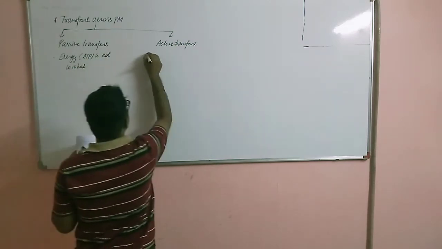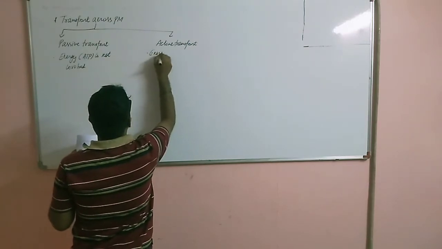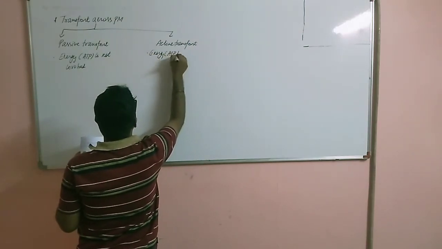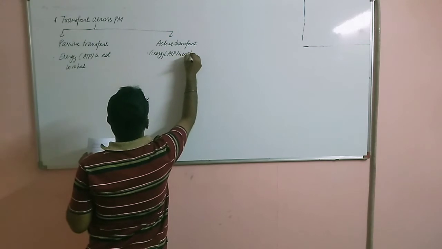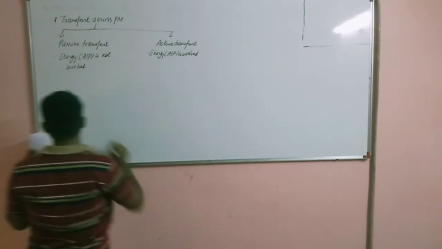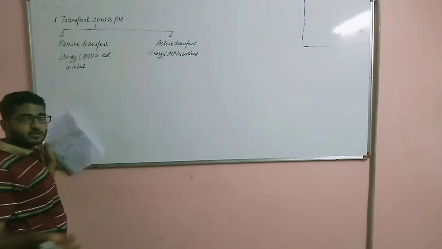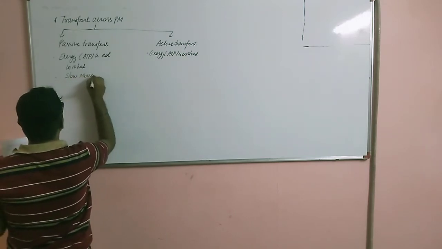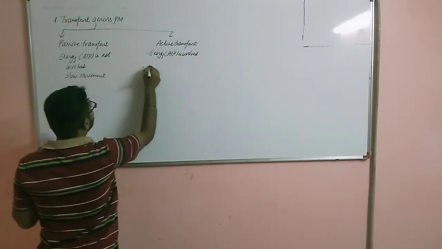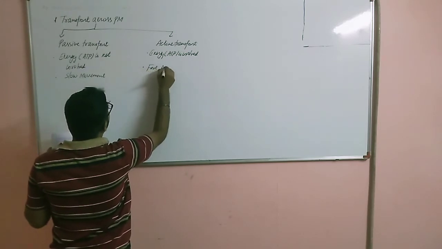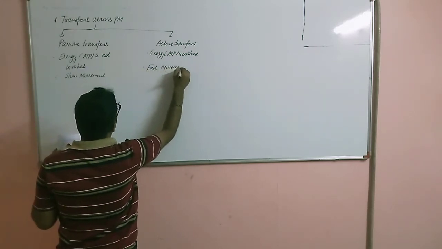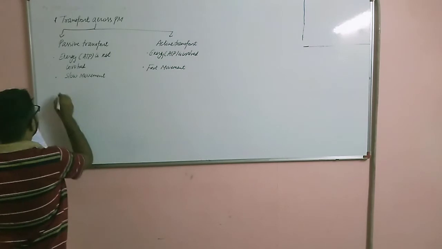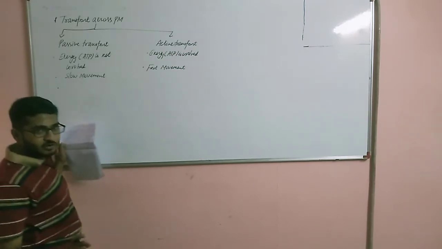In active transport, energy in the form of ATP is involved. If energy is not involved, the movement would be slow, so passive transport is a slow movement process, and active transport shows fast movement.